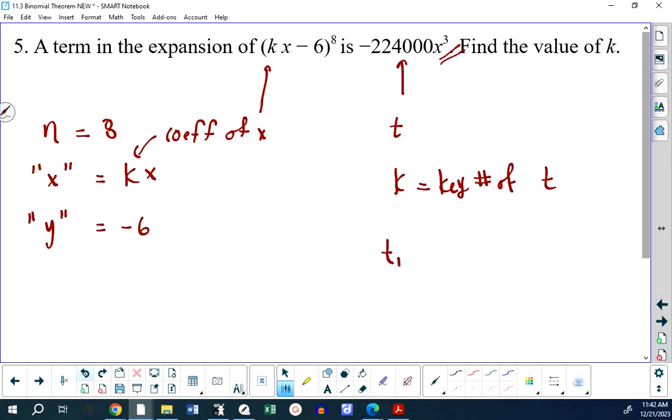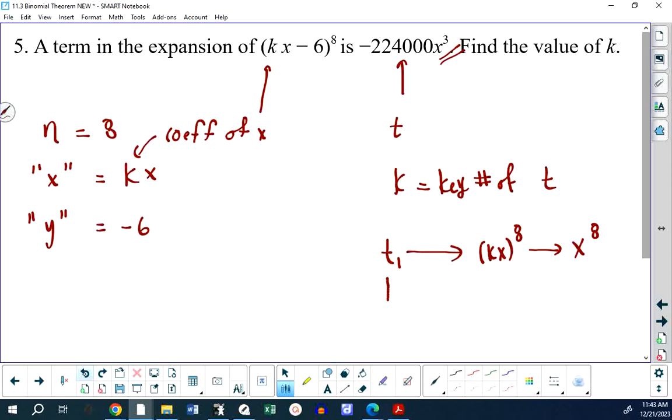The first term, I'm going to present this to you in a different way this time, will contain kx to the 8. I am not saying the first term is kx to the 8. I'm saying it's going to contain that, which means it's going to contain x to the 8s.